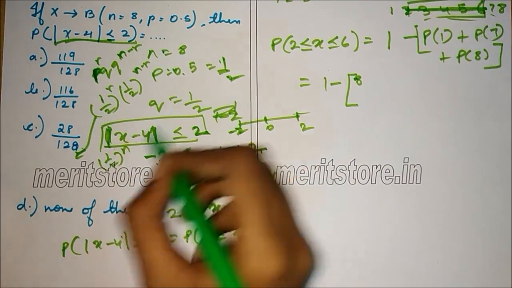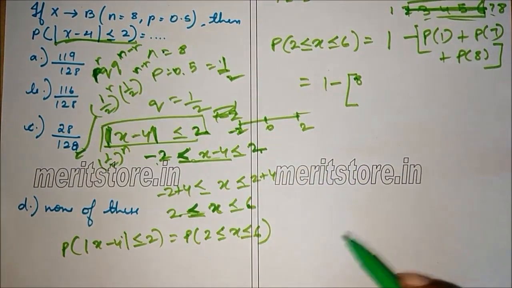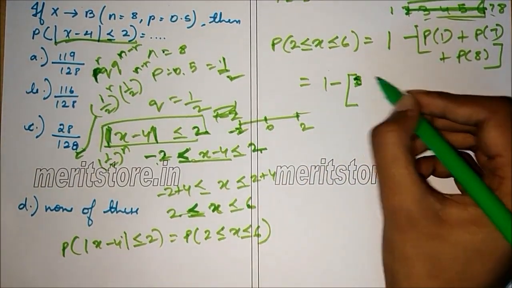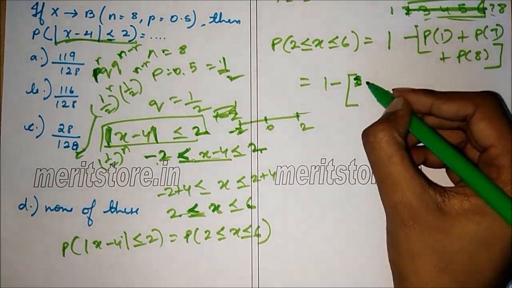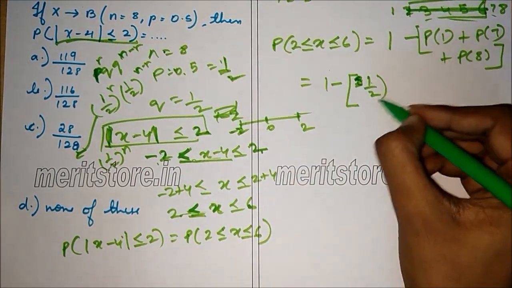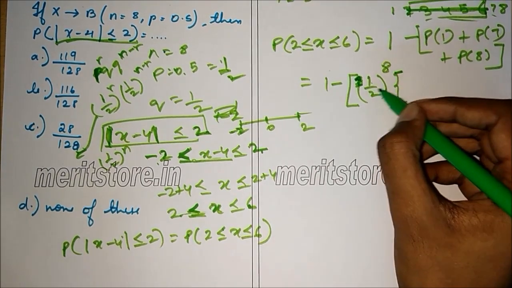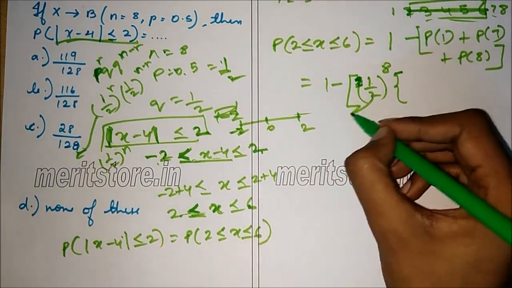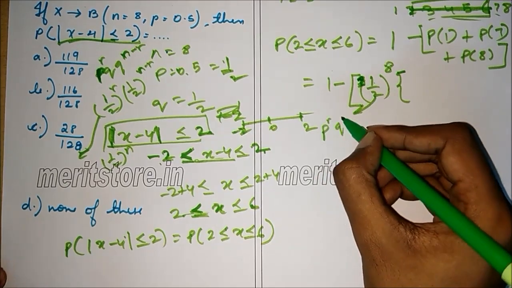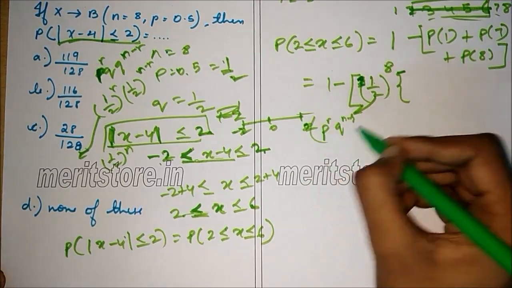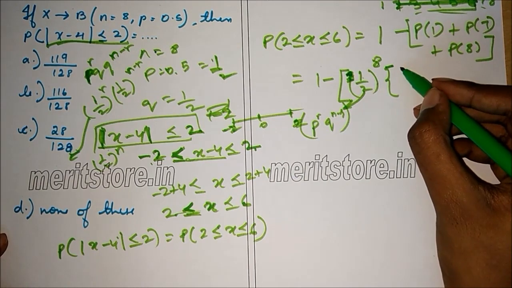So this will be common in all the terms, as we have seen in the previous terms. So we'll be taking half raised to n common throughout the expression. Here n is 8, so this will be half raised to 8. Half raised to 8 is common. This is P raised to r, Q raised to n minus r, into, now the only thing remaining is nCr.